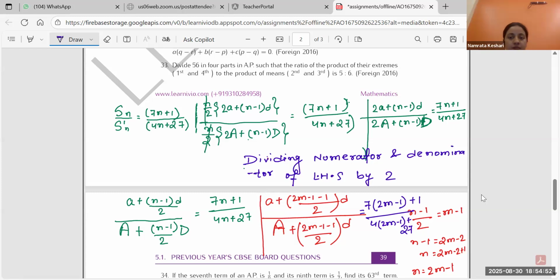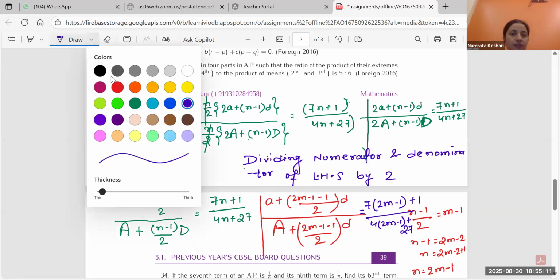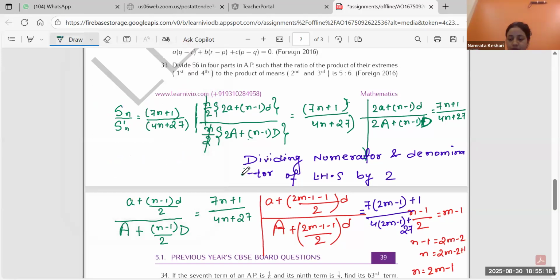Ma'am, then after that, how did you get m and n? Can you explain? After dividing by 2, we are trying to create the ratio of mth terms, okay, and here we are having n minus 1 by 2.